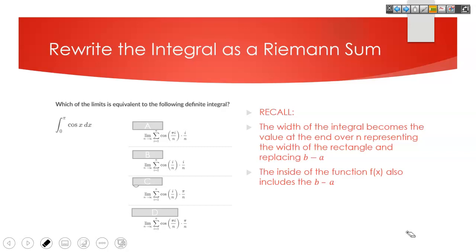So then you needed the answer that had pi in it, so that then it could not be letter B, because the pi told you the width, and then the starting point was what you like added or subtracted inside your parentheses. So really that doesn't help us on any of them, because inside are all not adding or subtracting anything. So you're looking for the b minus a in both the inside part and the outside part, thus making our correct answer.